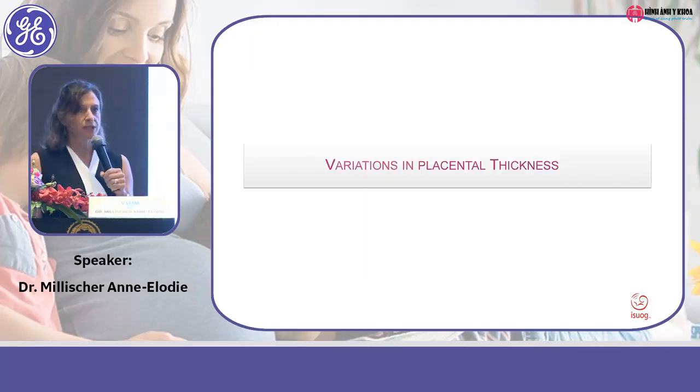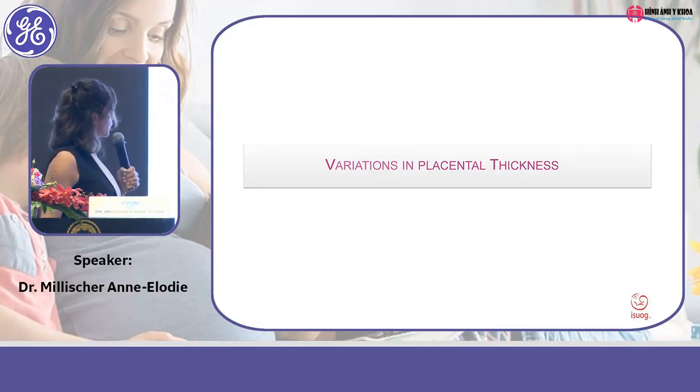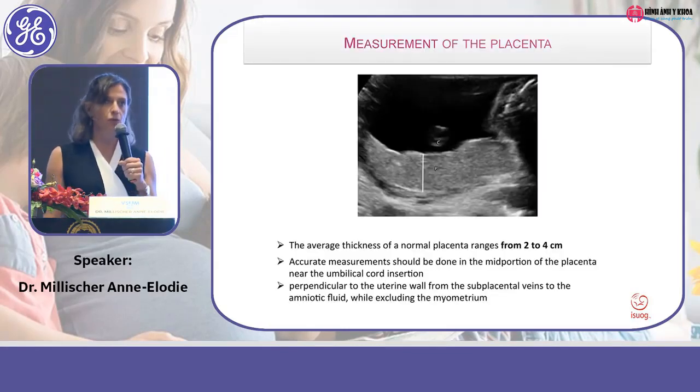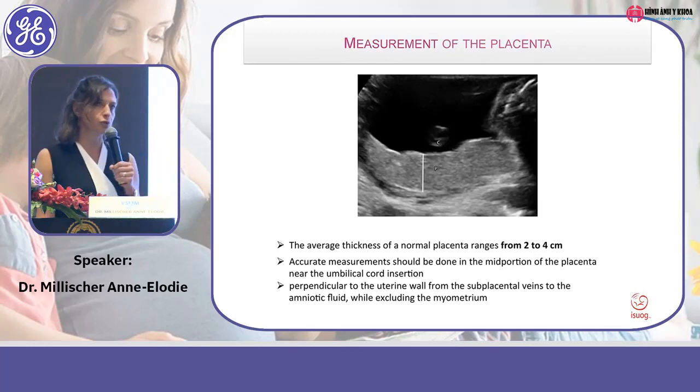The second point that we have to notice on our report is the thickness of the placenta. Cái đặc điểm thứ hai trong cái hệ thống đó mình sẽ chú ý đến cái bề dày của cái bánh nhau. We say that the normal measurement was around 2 cm, 2 to 4 cm.